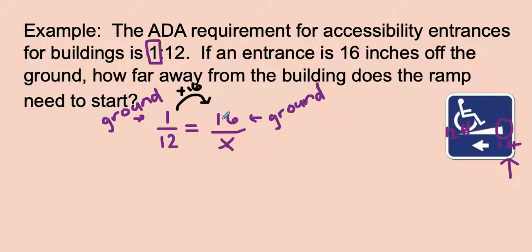So if I multiply that numerator by 16, I'm also going to want to multiply my denominator by 16, right? So if I take my calculator here and I do 12 times 16, I'm going to get 192 inches. So I need to start 192 inches away from the building. As much as that seems like a lot, remember this is inches, so 192 is not that much.